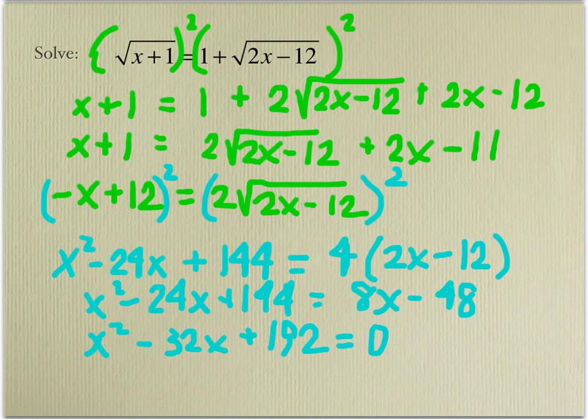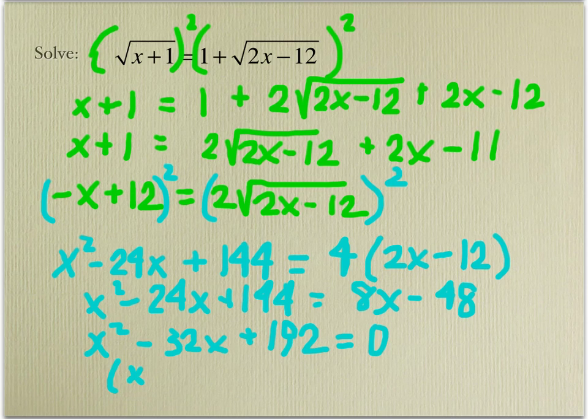Not a real pleasant problem here, it looks like. I'm going to try to factor this. It looks like I have factors of 192 that are 8 apart. Let's see, 192 divided by, I don't know, we'll try that. I think maybe 24 and 8 might work.